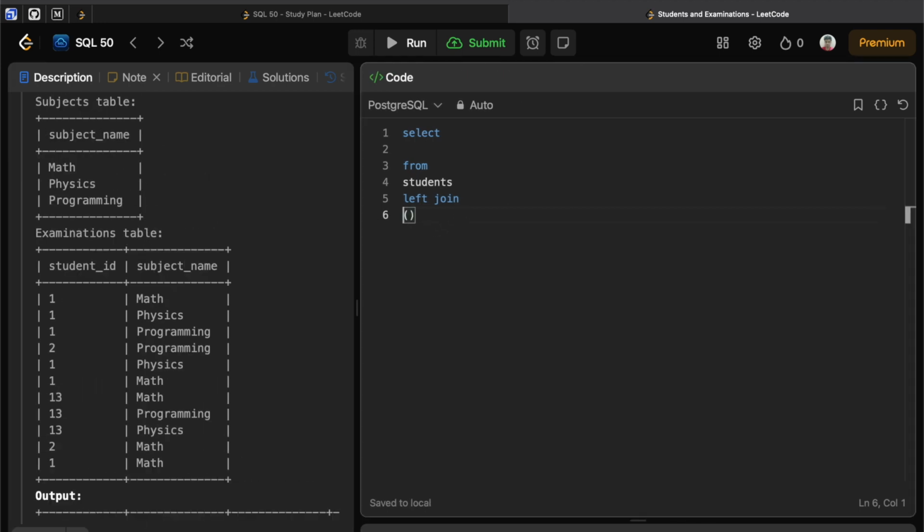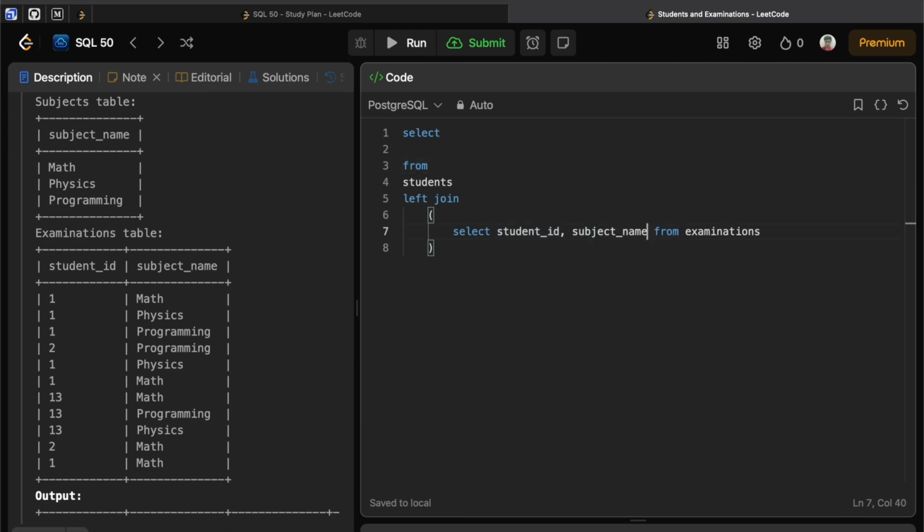Alright, so let me just show what I'm trying to do here. Instead of left join directly with examinations, I'm going to select student ID and subject name from examinations, right? And for each student ID and each subject name, I want to get the number of times they've attended that exam, which is literally just a group by on these two columns. So the count for each combination of these two columns.